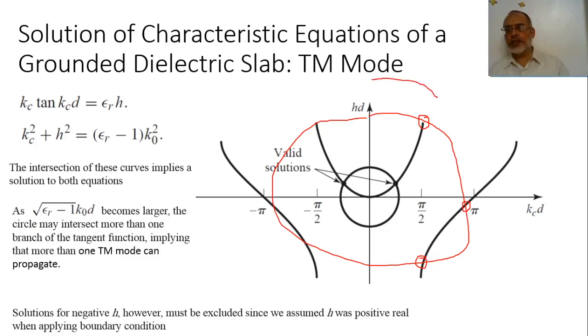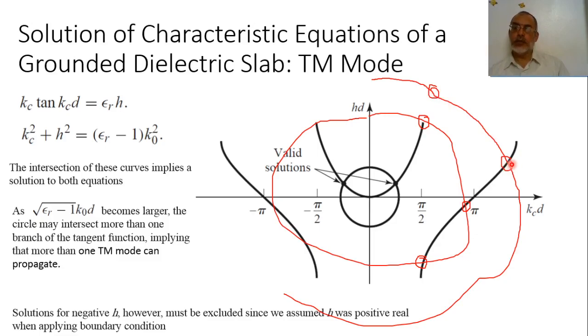If I have a greater circle, then I have 2 positive poles. This one pole and this another pole. This pole corresponds to the transverse magnetic 0 mode, and this pole will correspond to the transverse magnetic 1 mode, TM0, TM1.